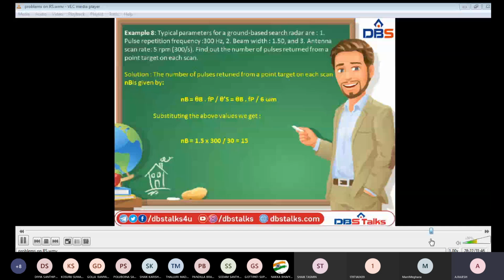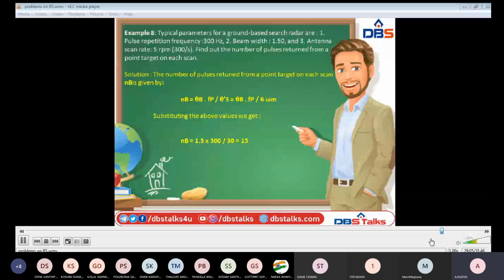Find the number of pulses returned from a point target on each scan. We need to find how many pulses are hitting the target and how many are returning from it.